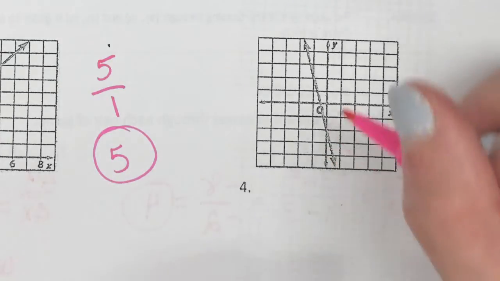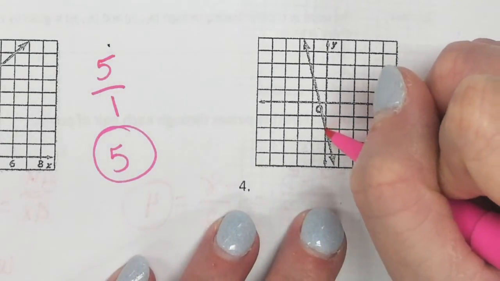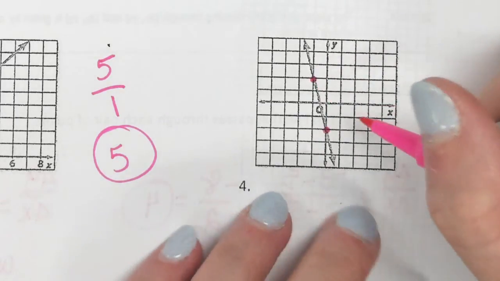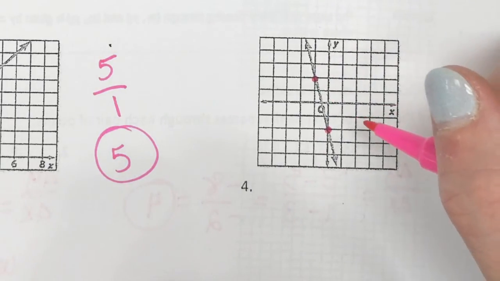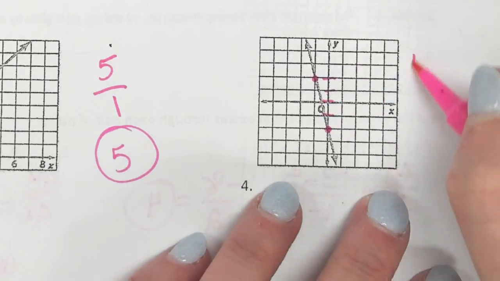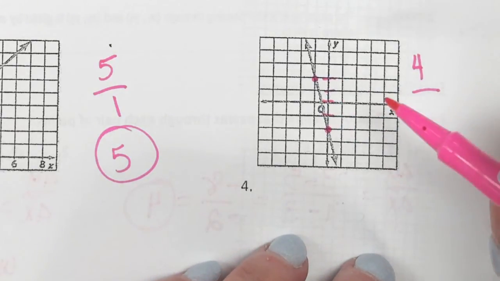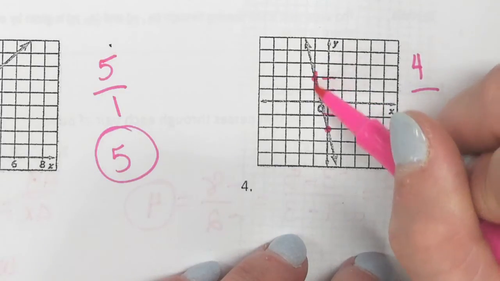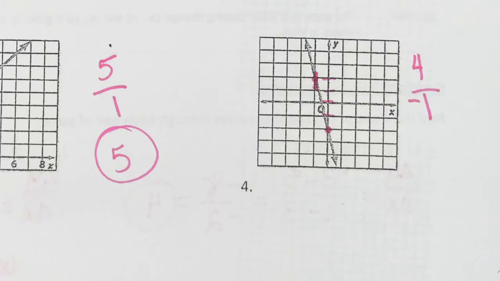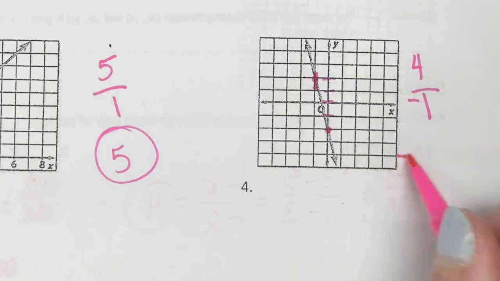I got this one. I feel confident. It's -4. How did you get -4? Because you get 4 over -1. Yeah, because you're going up 4. Someone who just saw -4 as the slope, how would they know that's the slope?